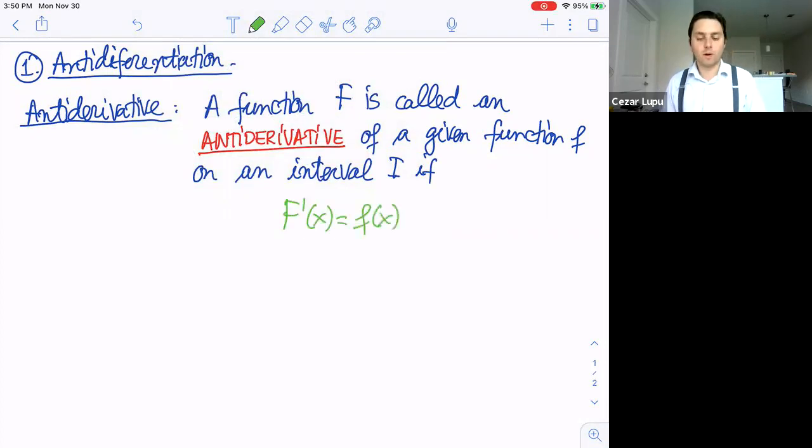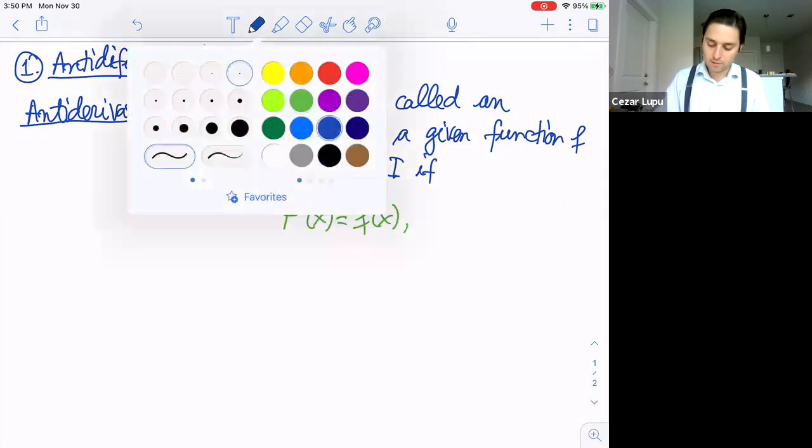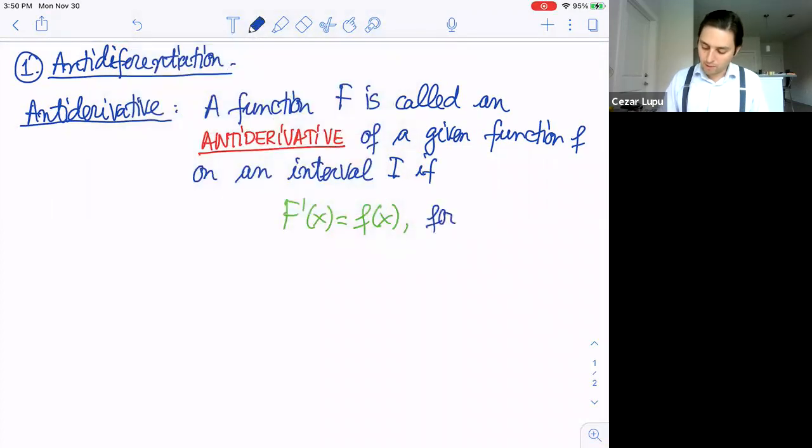So that's what we call an antiderivative. And this happens for all x in the interval I.